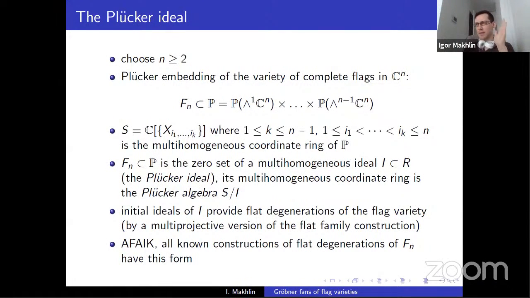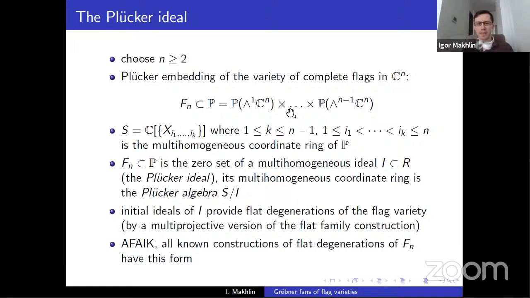So a flag is an increasing sequence of subspaces of dimensions 1, 2, and so on up to n-1. And we all know that this flag variety can be embedded into a product of projective spaces, the Plücker embedding, where the one-dimensional space in the flag defines the point in the first factor, the two-dimensional space defines the point in the second factor, and so on.